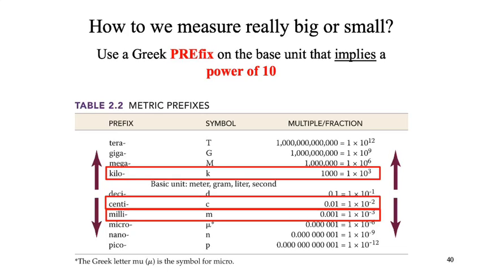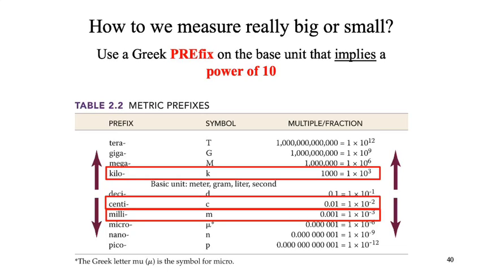Kilo, centi, milli are prefixes you should memorize. How should you memorize them? You should memorize what the prefix is, kilo. You should memorize that it's represented as a single letter, a lowercase k. And you should memorize that it means 10 to the 3rd. Centi, c, means 10 to the minus 2.